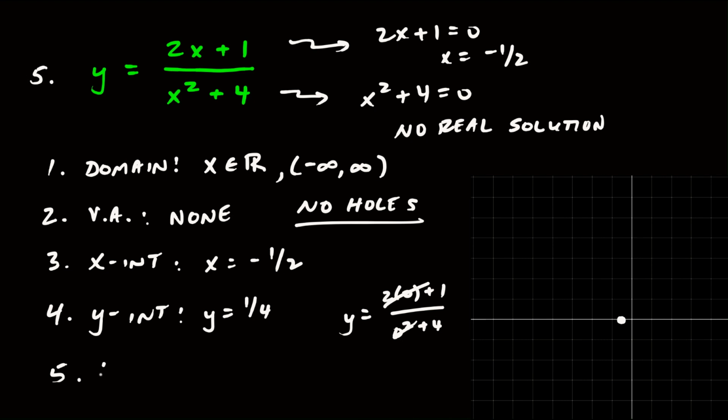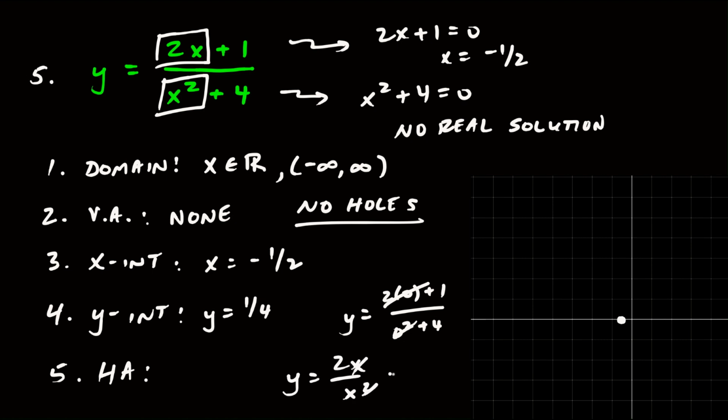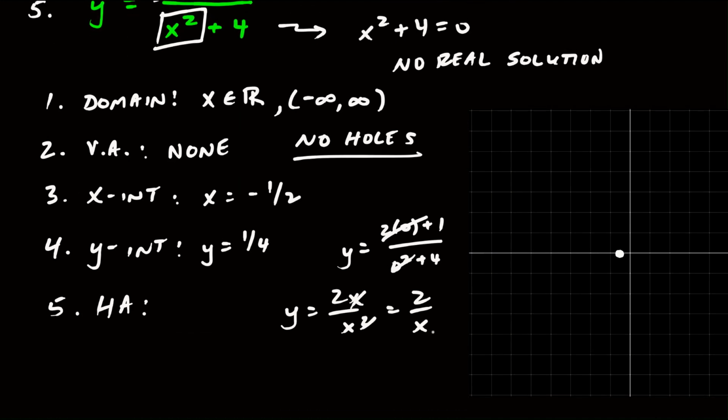Step 5 for this case, horizontal asymptotes. In this case, the degree of the numerator is 2x, and our denominator is x squared. So very similar, y equals 2x over x squared. We're going to have an x cancel out, leaving us with 2 over x. So remember, as x gets very large or very negative, it's going to approach 2 over a very large number, which essentially is going to be 0.